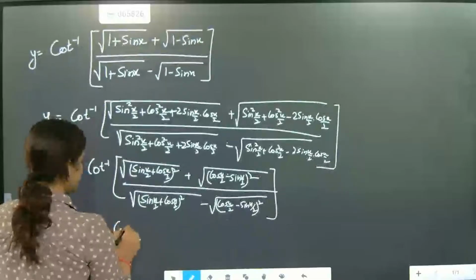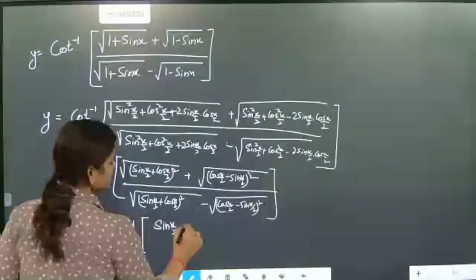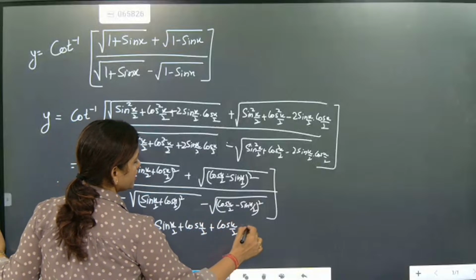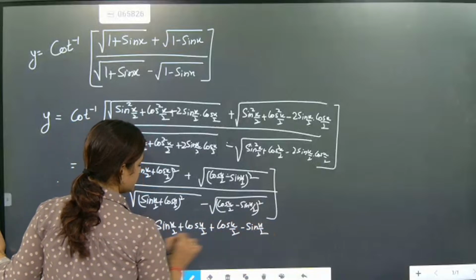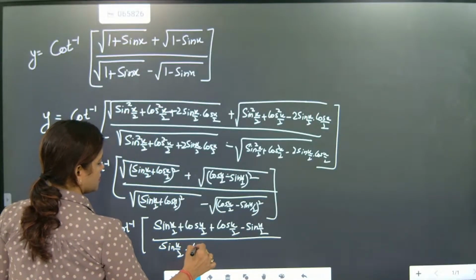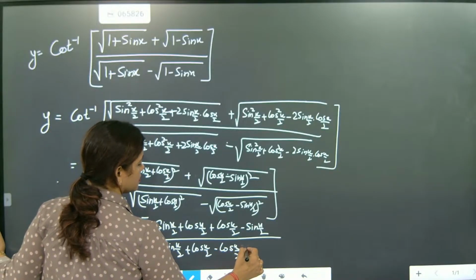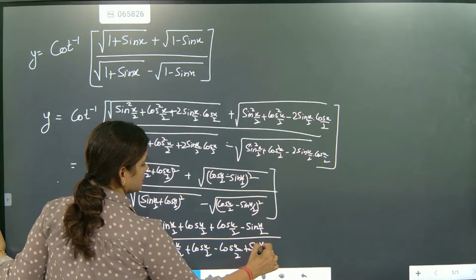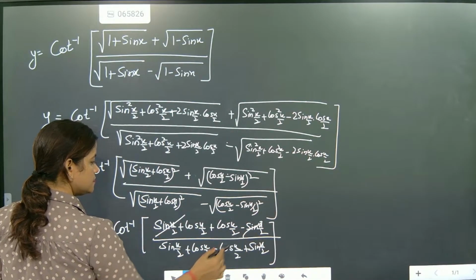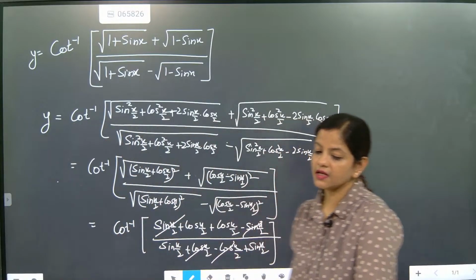So here it is coming as inverse, and the sign will be coming as sin x by 2 plus cos x by 2 plus cos x by 2 minus sin x by 2. Done.